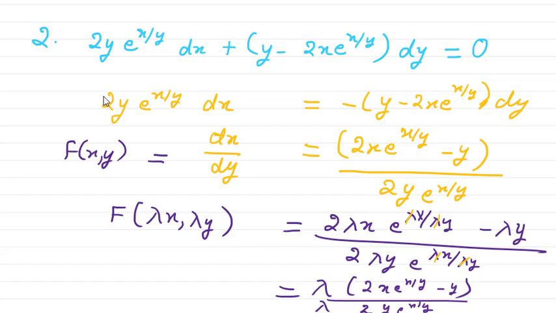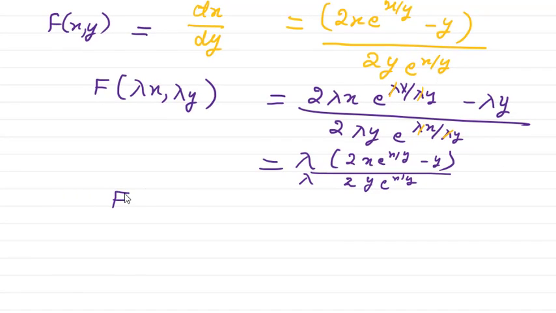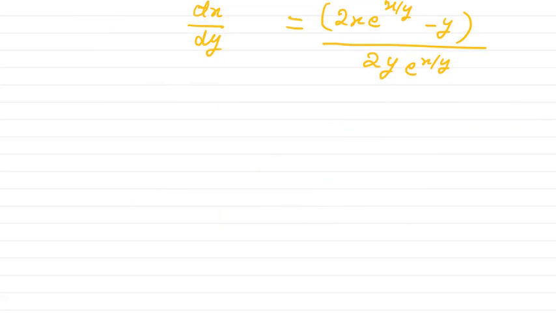So here you can see that f(λx, λy) is the same as f(x, y). So that means this equation is a homogeneous equation. If in the question it is asked to prove that it is a homogeneous equation, you will do that process only.